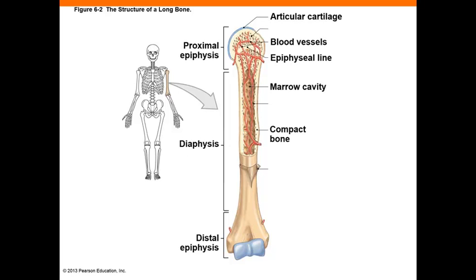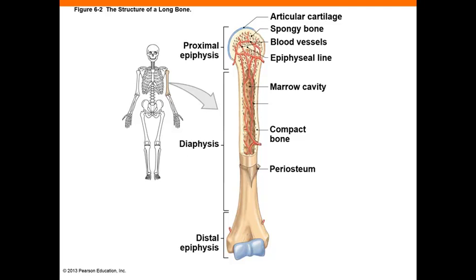Compact bone is densely packed and it forms the diaphysis. Spongy bone, on the other hand, sometimes is called cancellous bone, and it has projections of bone that are separated by space. It literally looks spongy. The periosteum is the outer covering of bone.